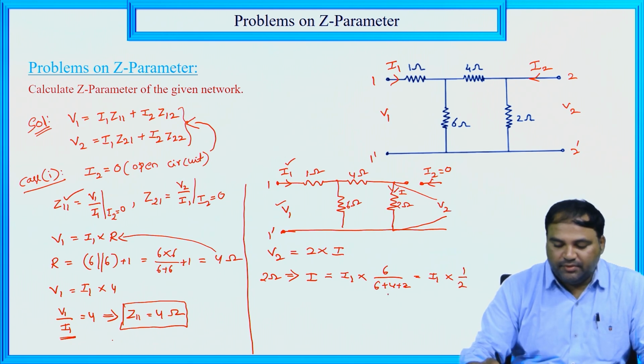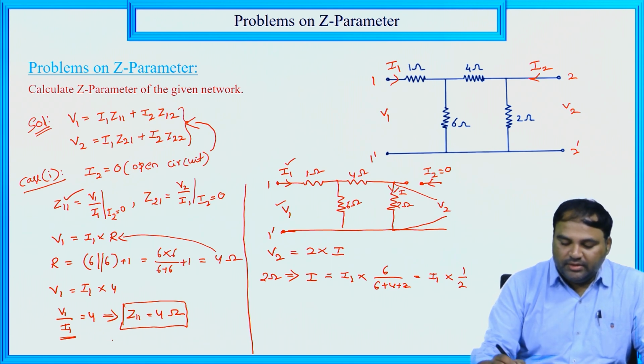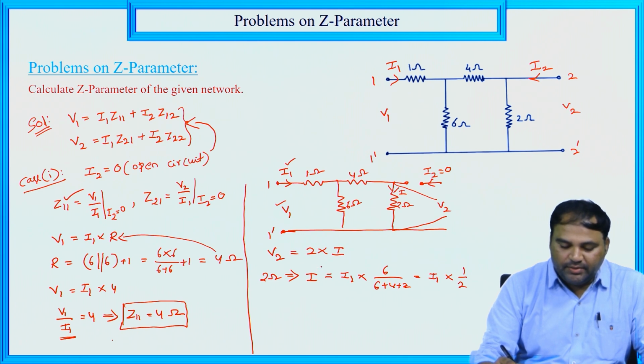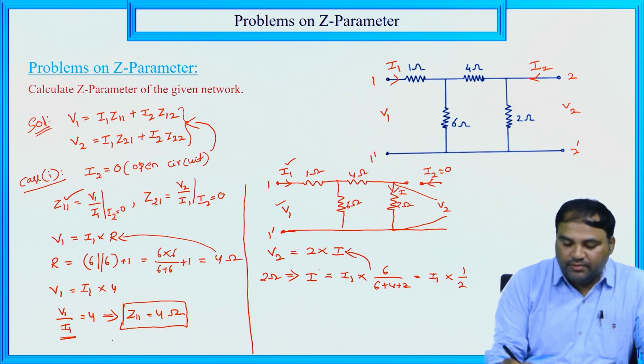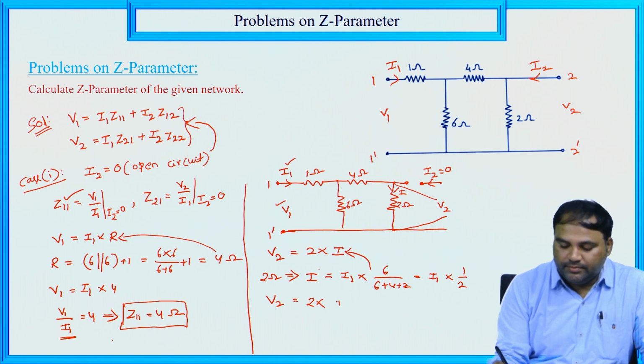So 6 plus 4 is 10, and 12. So 6 by 12 means 1 divided by 2. So I is I1 into 1 by 2. Now substitute this I value in this equation. We'll get V2 equal to 2 into I1 into 1 by 2.